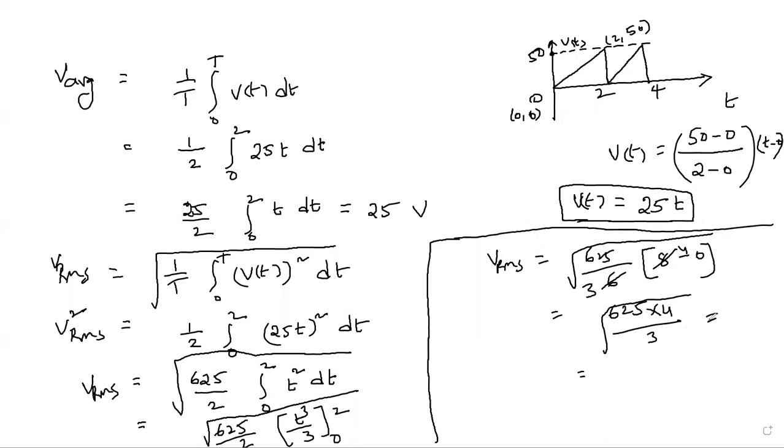Square root of 625 is 25 outside, and square root of 4 is 2, by under root 3. So it is 50 by root 3.